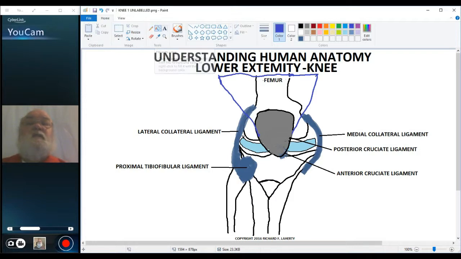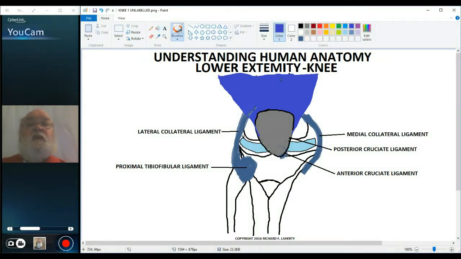And let me fill that in. So there's the quadriceps tendon coming down to the patella, and then the tendon continues on, and it is often referred to as the patellar ligament as it continues on down to insert on the tibial tuberosity.